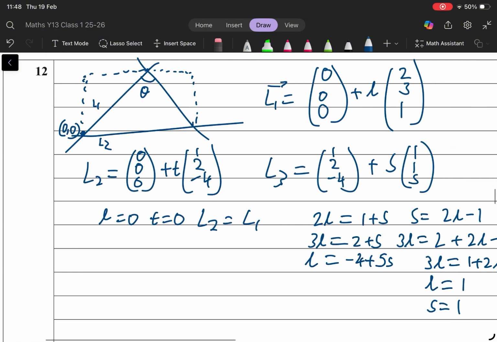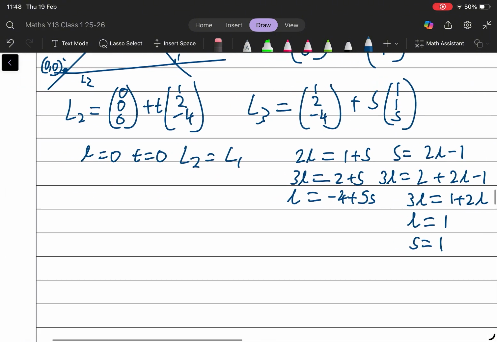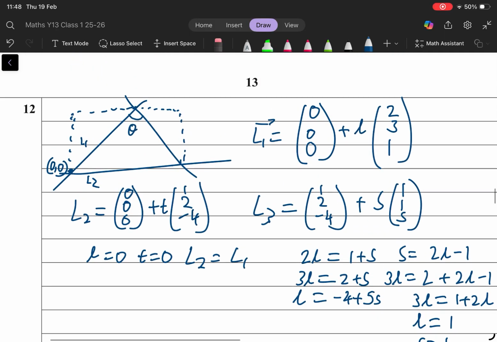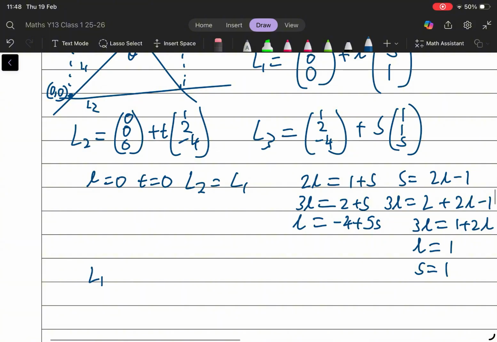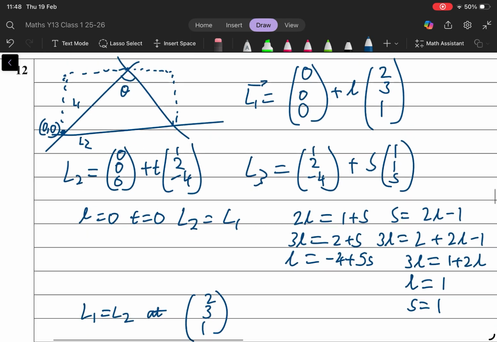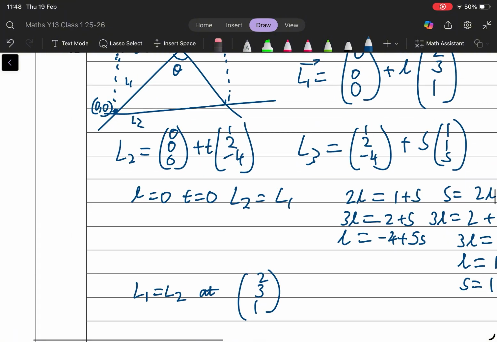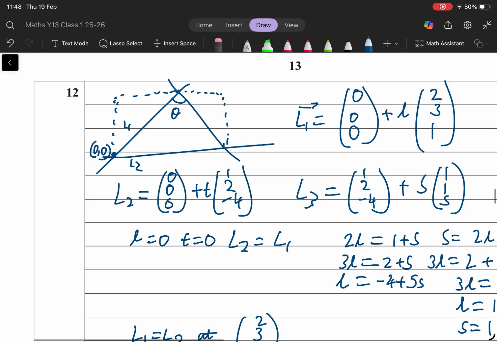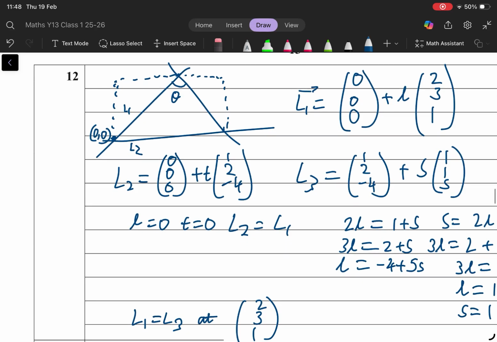It's fine. And then so we can say that L1 equals L2 at (2, 3, 1). And then so now we need L1 equals L3, sorry, (2, 3, 1). And then so we just need to find this point here.